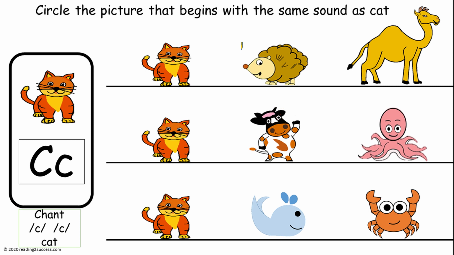In the second row, we have a cow and an octopus. In the third row, we have a whale and a crab.